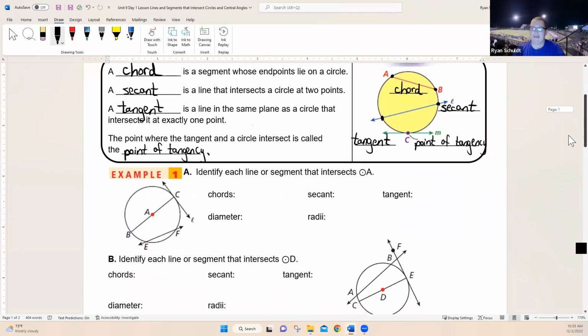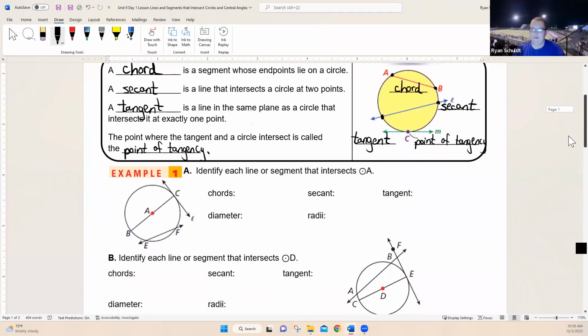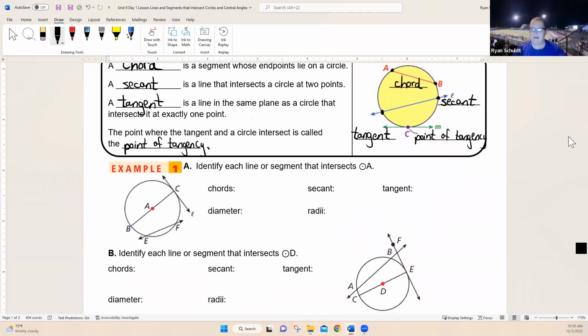Okay, so let's look at an example. Some of these are words that we just went over. Some of them are ones that we may have to remember from Unit 3, when we did area and first started talking about circles. So a chord. We said a chord is a segment where the endpoints lie on the edges of the circle.